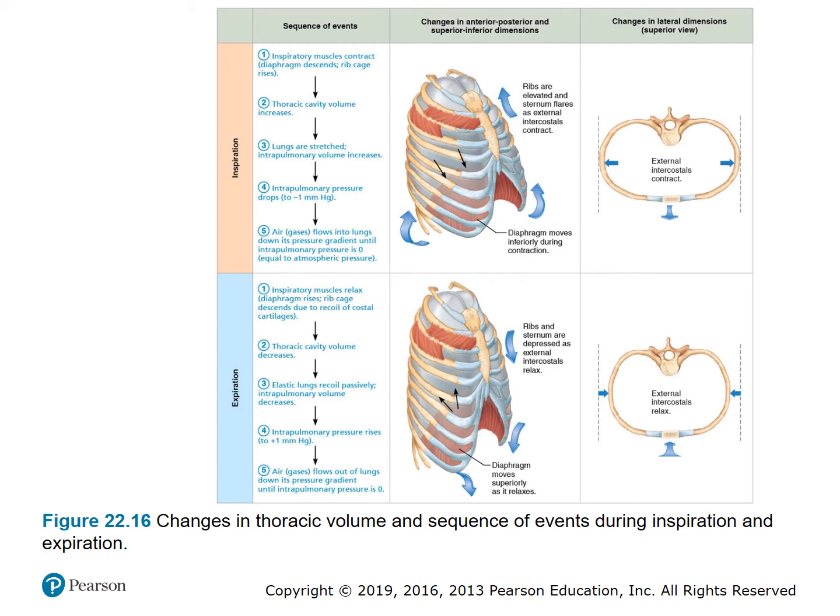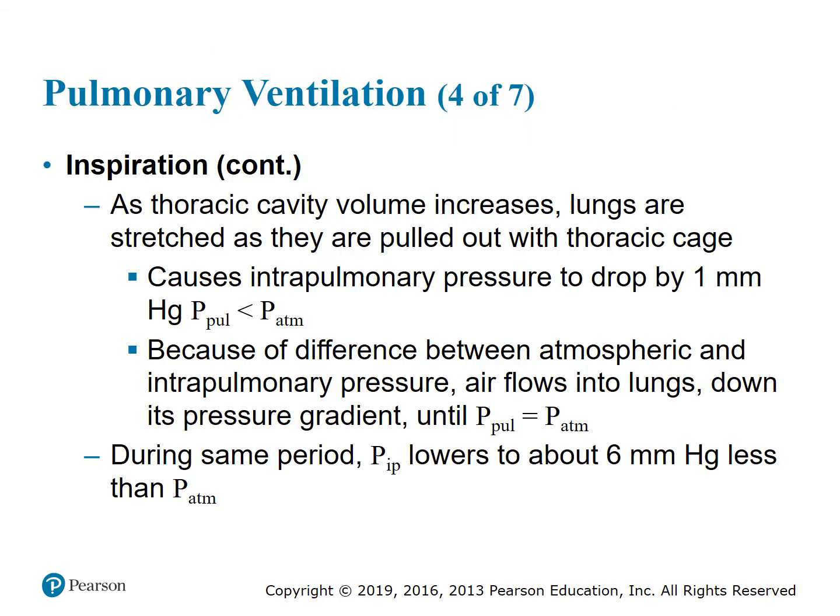And you could see what happens if you look at the lateral dimensions, or a superior view on the right. So as the thoracic cavity volume increases, the lungs are stretched as they are pulled out with the thoracic cage, and this causes the intrapulmonary pressure to drop by 1 millimeter of mercury, so the intrapulmonary pressure is less than the atmospheric pressure.